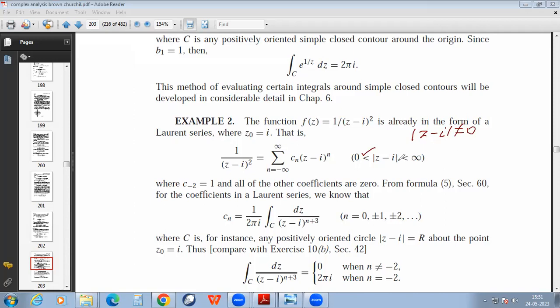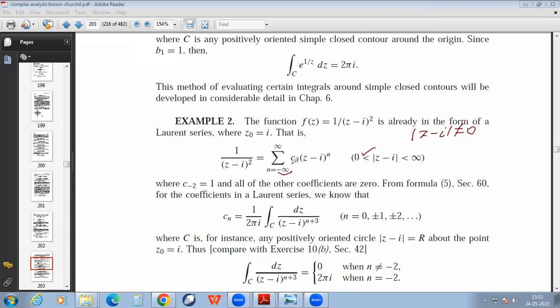So I move up to infinity. Now how will this expansion take place? We know it will be something of this kind. And now you watch: we are saying from minus infinity to plus infinity. If there are only two negative powers, the rest of the coefficients will be 0. If there is a single negative power, the rest will be zeros. Similarly, here c suffix minus 2 is 1 and all other coefficients are zeros, because here itself 1 by (z minus i) bracket square is given.